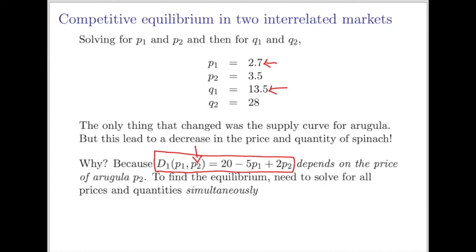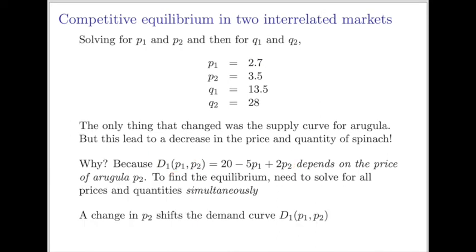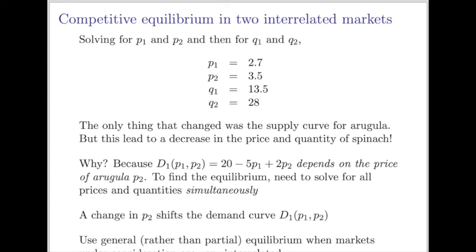So in order to find the equilibrium, we really need to solve for all the quantities and prices simultaneously. So a change in P2 causes a shift in the demand curve for spinach. So that in turn is going to cause a change in the spinach market.